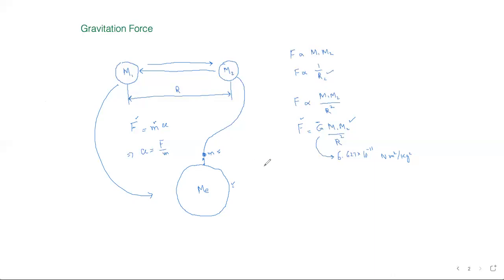Now you can say that this force, which is giving the acceleration, is the gravitational force. So ma is equal to capital G, where one mass is the small m and the other mass is the mass of Earth, divided by r square.